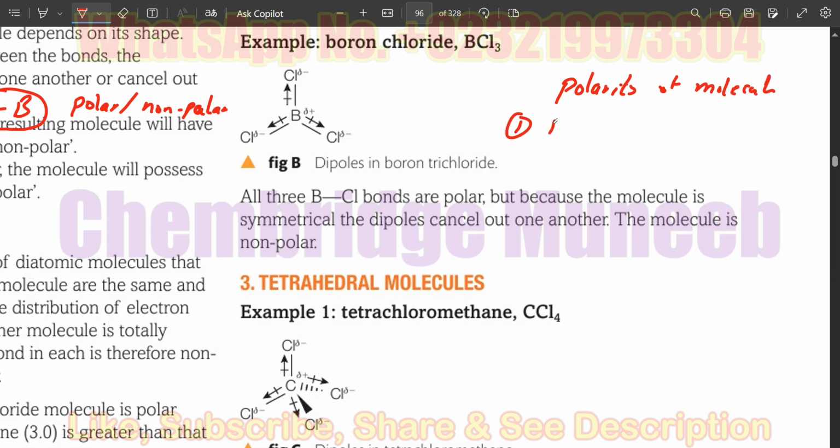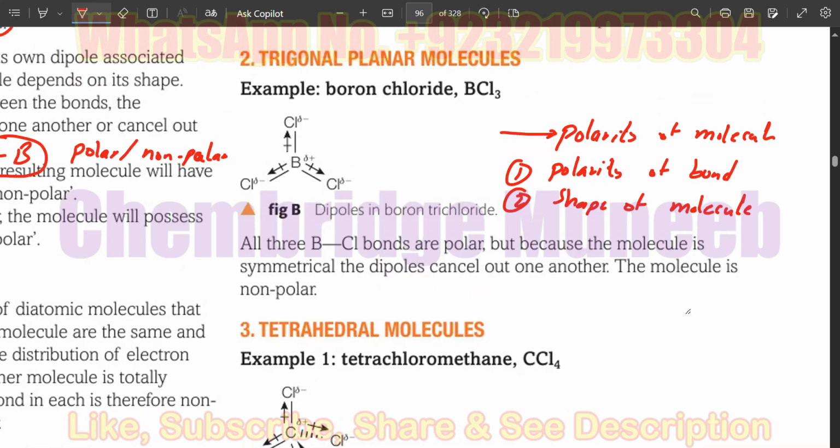Number one is the polarity of the bond, and number two is the shape of the molecule. Is that clear? So how would you determine that the bond is polar or non-polar?